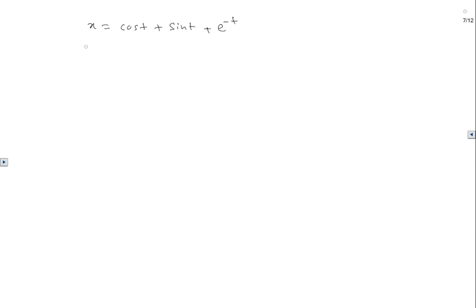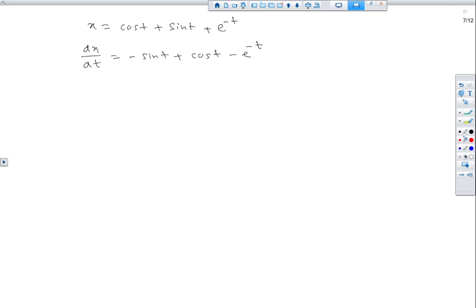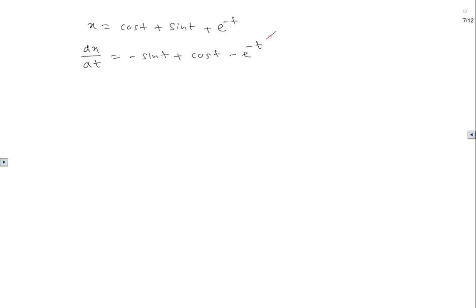So once you take the derivative, you're going to get dx over dt equal negative sine t plus cosine t minus e to the minus t, by the chain rule. If you use the chain rule, that's what you get.